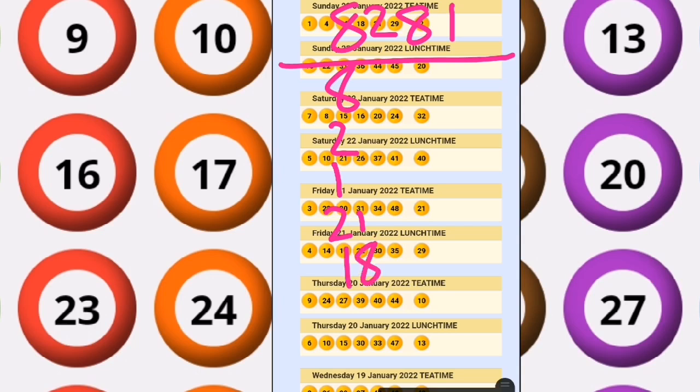We have 18 coming from this code, and 16, because 8 plus 8 gives us 16. And we also have 12 there. And when you do 8 plus 2 plus 8 plus 1, that also gives us 19.